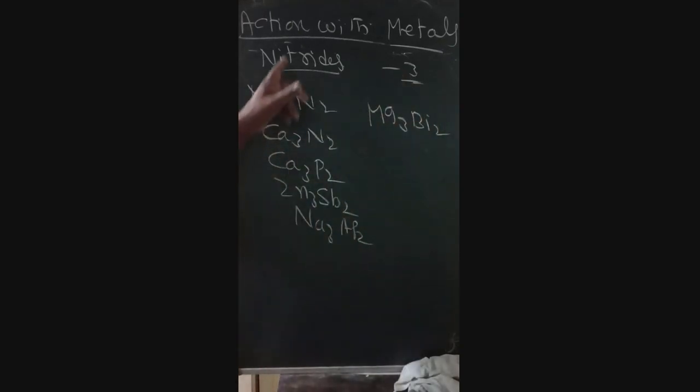These are examples of binary compounds formed by reacting with metals. Nitrides mean metal nitrides. In these compounds, the oxidation state of the element is how much? -3.